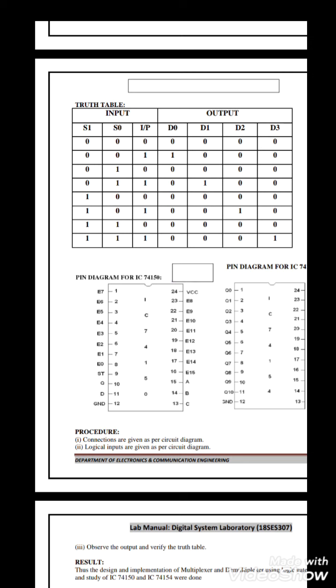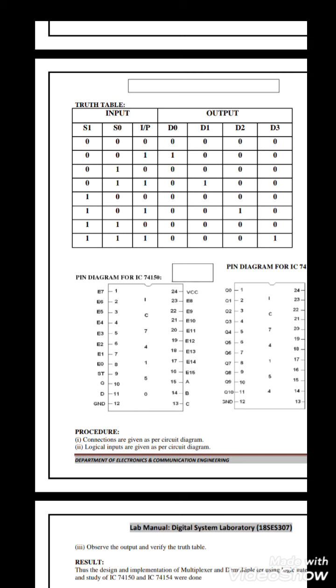So totally 24 pins are available. 16 pins are used to provide the input, 4 pins are used for the selection lines, 1 pin is our output, and 2 pins are used to provide the power supply. So pins 1 to 8 and 24 to 16 are inputs, and pins 11, 13, 14, 15 provide the selection lines.